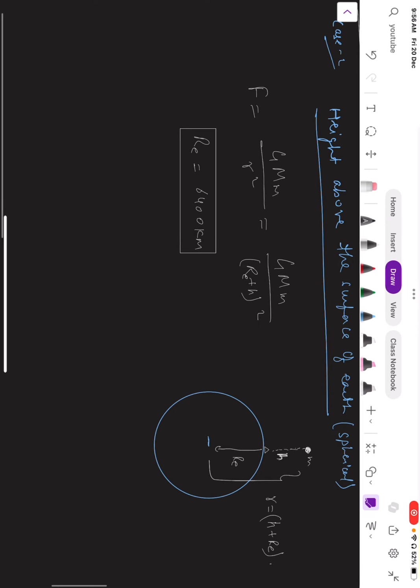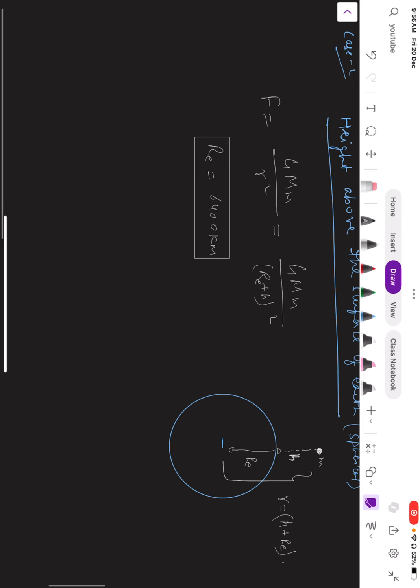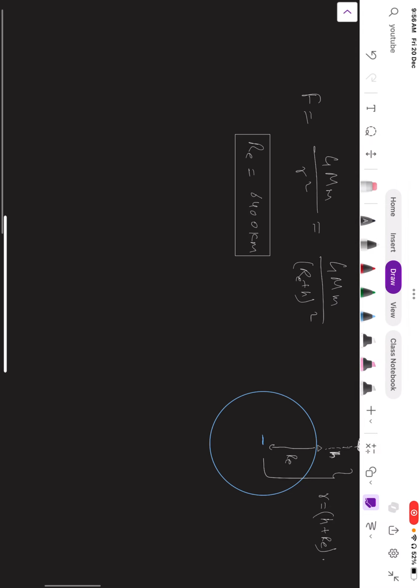If we find the value of g, gravity at this point, using the formula, we get g h equal to F by m. So G M m upon m into (R plus h) whole square.